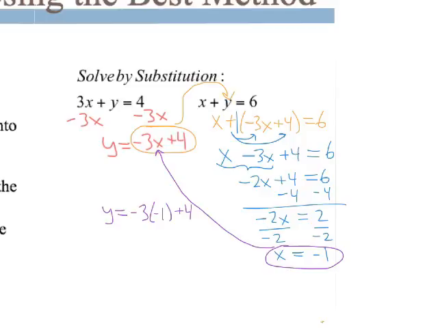Negative 3 times negative 1 is a positive 3. And then plus 4, which is 7. So we get the same answer we got last time, because math is consistent. Doesn't matter which system or strategy we use to try to solve this. So, substitution method wasn't too bad in this case because it was fairly easy to get a variable alone.